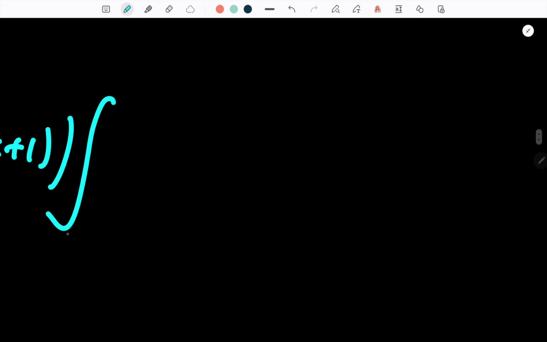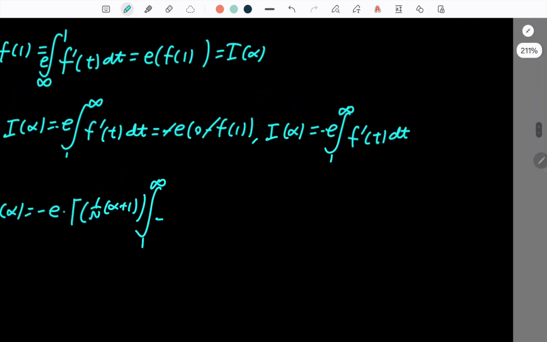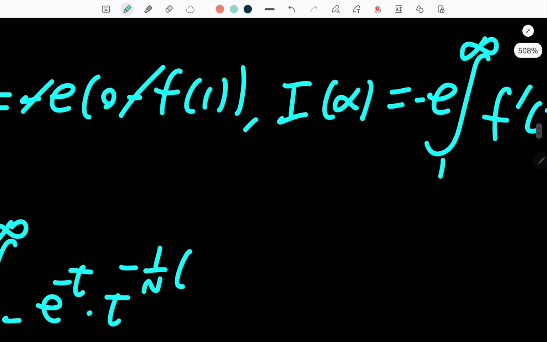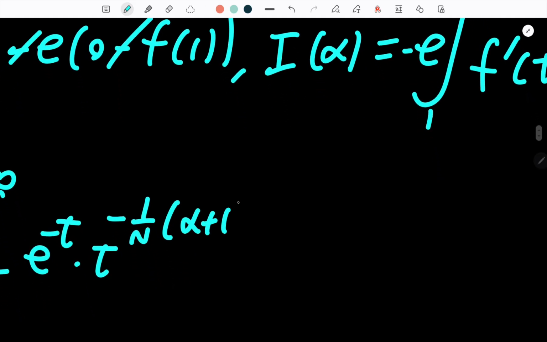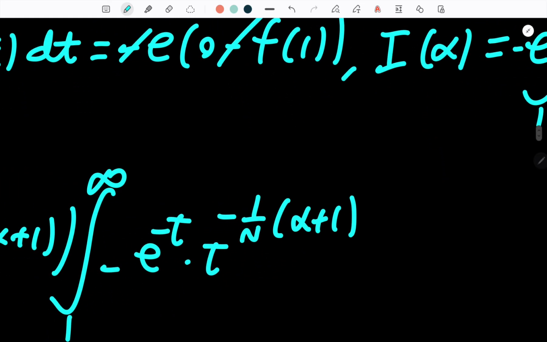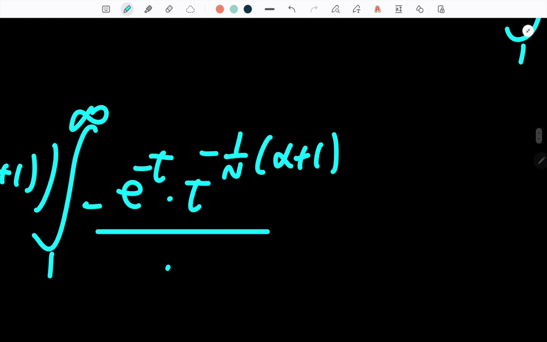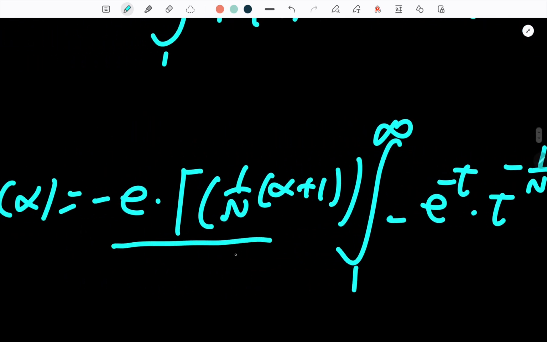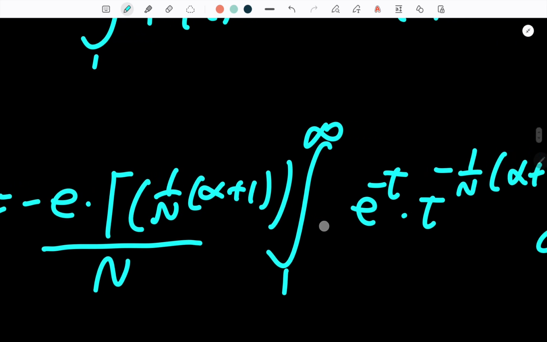Times the integral from 1 to infinity of negative e to the negative t times t to the negative 1 over n plus 1, and then divided by n, then dt. And we could also bring out this 1 over n out here. Also, this negative sign and this negative sign will cancel, and here we are.